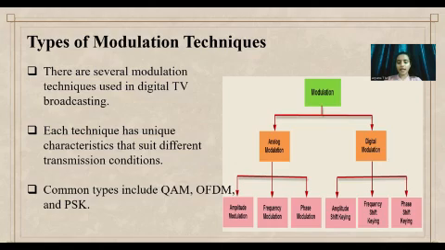Analog modulation has three types, and digital modulation also has three types. Analog modulation includes amplitude modulation, frequency modulation and phase modulation, and digital modulation includes amplitude shift keying, frequency shift keying and phase shift keying.